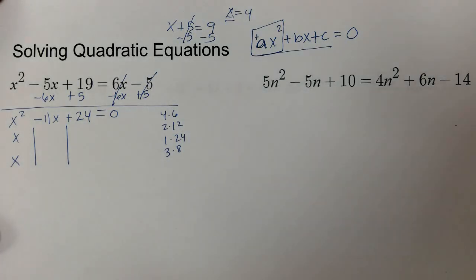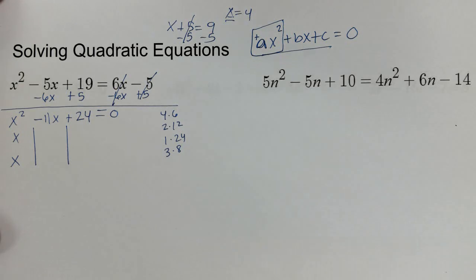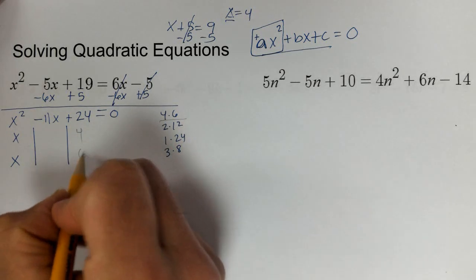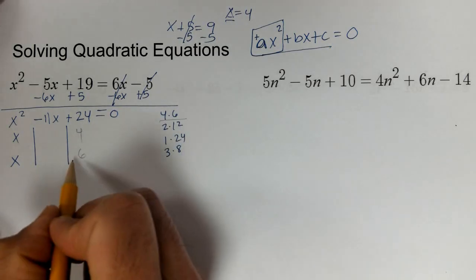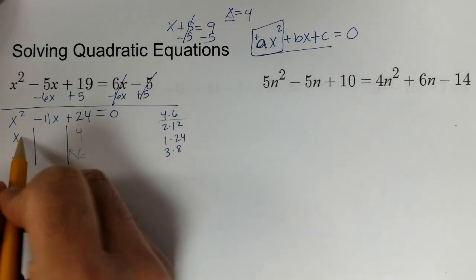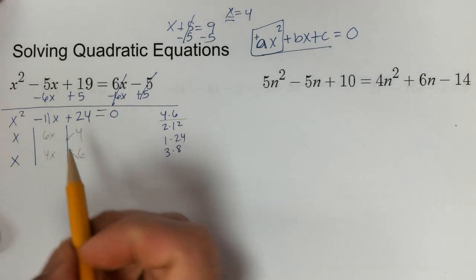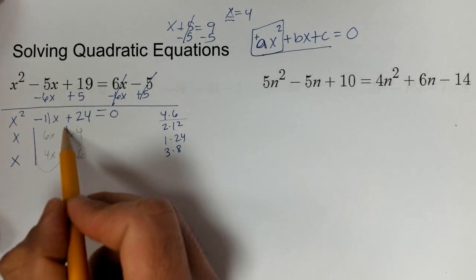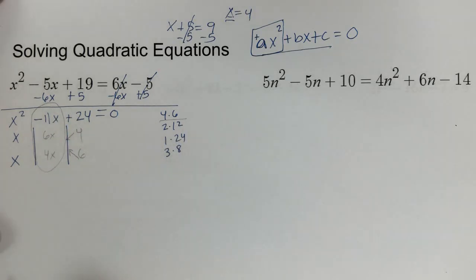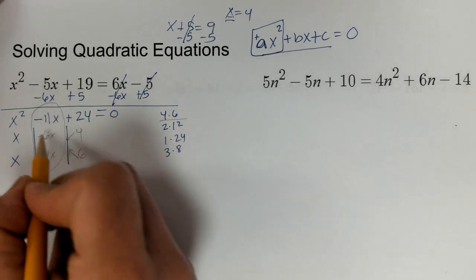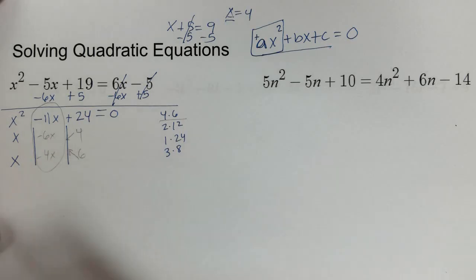now I can show you here, and I'm going to use a pencil so that I can erase this. Let's try 4 and 6 as an example. 4 times 6 gives me 24. But when I cross multiply, I get 6 times x is 6x, and 4 times x is 4x. Do these numbers add up to negative 11? They don't, right? Even if I make them both negative, it gives me negative 10.